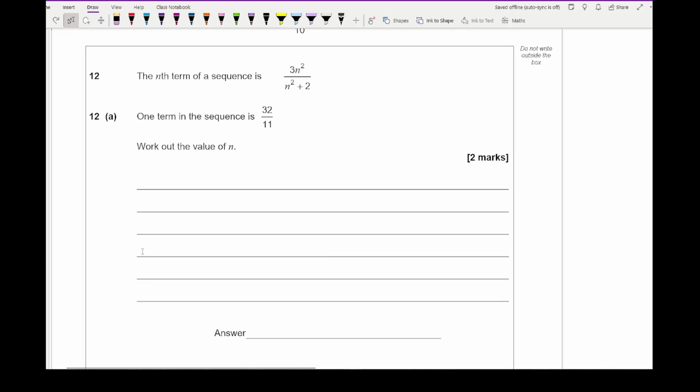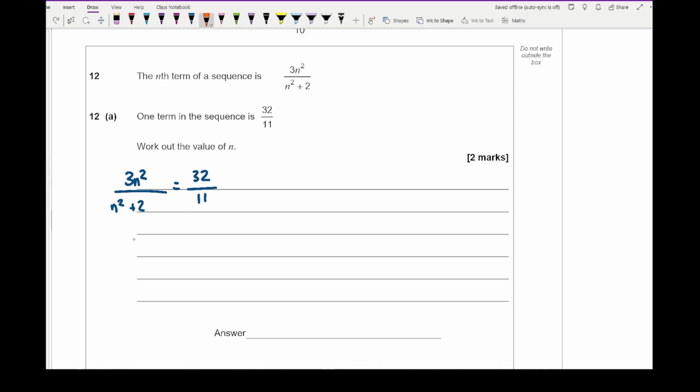Moving on to question 12, it says the nth term of a sequence is 3n squared over n squared plus 2. One term in the sequence is 32 over 11. Work out the value of n. So for this, what we need to do is just make the nth term equal to the term. So we've got 3n squared over n squared plus 2 equals 32 over 11.